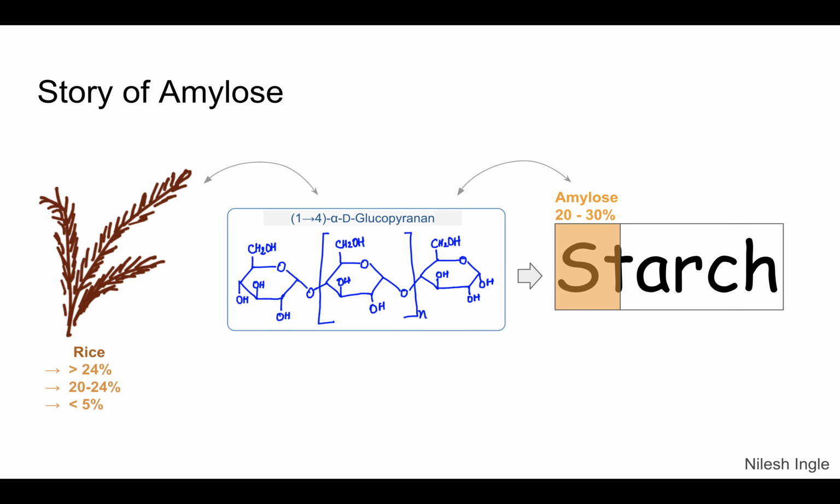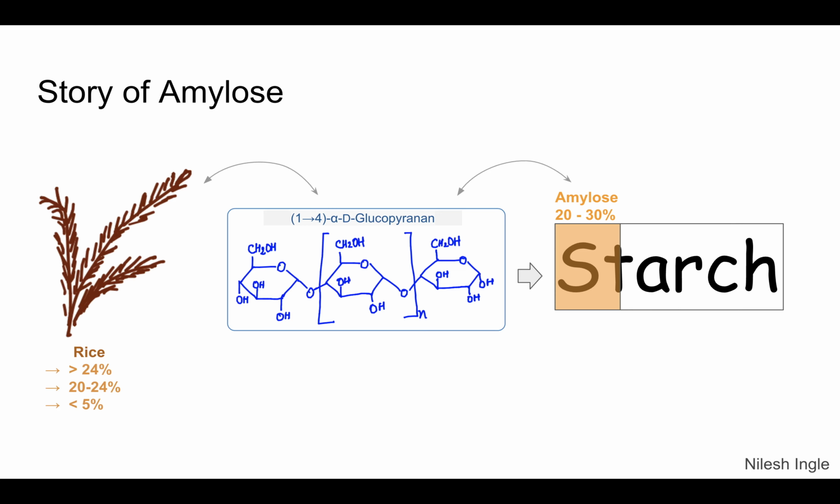So, the story of amylose. Amylose is found in rice, and the chemical structure looks like this, as shown in blue, and it is about 20 to 30% of starch. Within rice itself, depending on the variety of rice that you're looking at, the amylose content can vary from 5% to up to 24% or more.